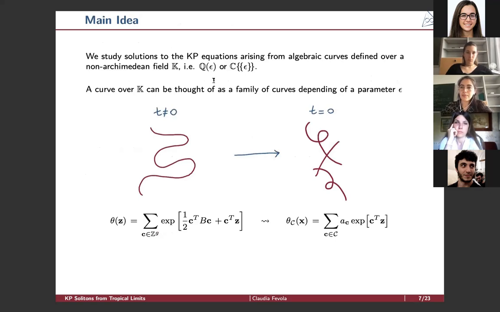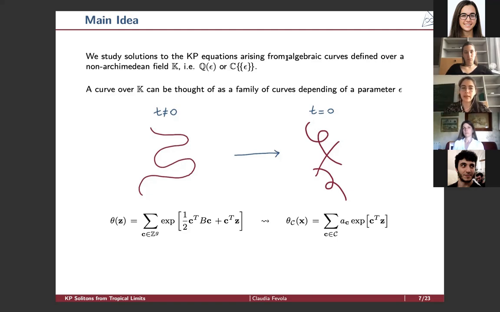So our main idea was to study solutions to the KP equation arising from curves defined over a non-Archimedean field, meaning that we define the curve to depend on a parameter.